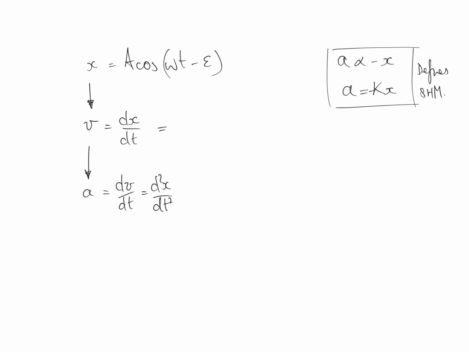You get a minus sign, and whatever is inside the bracket becomes multiplied out. So I'll find myself with minus omega A sine omega t minus eta. And if I did that again, I'd come out with minus, because sine now becomes cosine, minus omega squared A cosine omega t minus eta.